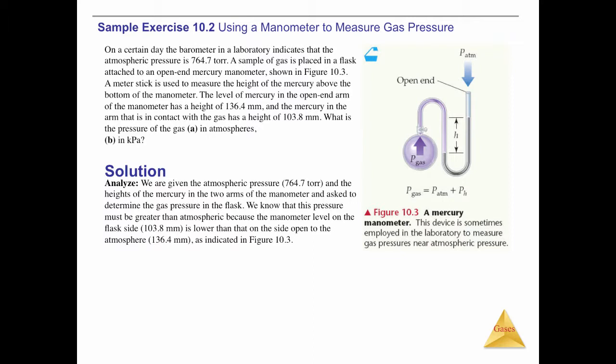So we're given the atmospheric pressure, 764.7 torr, and also the two heights of the mercury in the two arms of the manometer. We're asked to calculate the pressure inside of the flask, or the pressure of the gas in the flask. We know that this pressure must be greater than atmospheric pressure because the manometer level on the flask side is lower than that on the side open to the atmosphere, as indicated in the diagram.